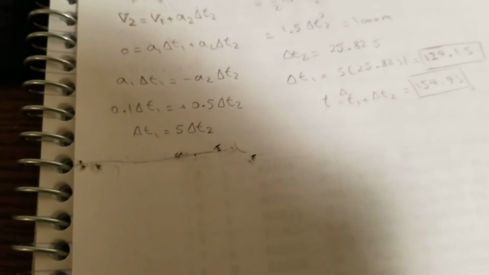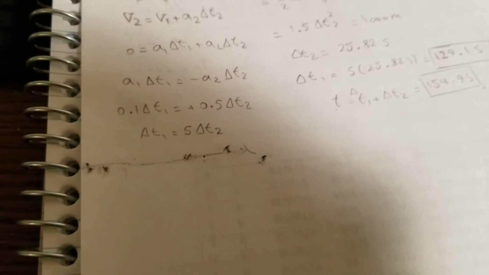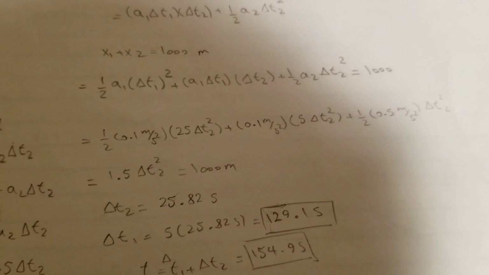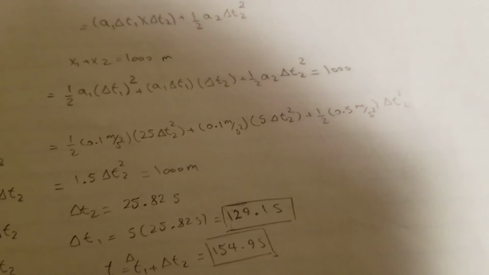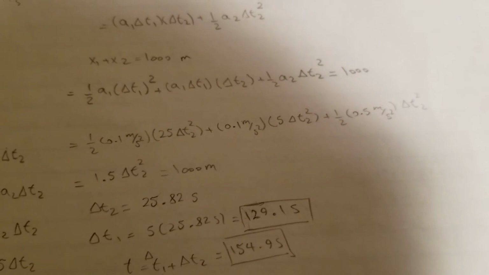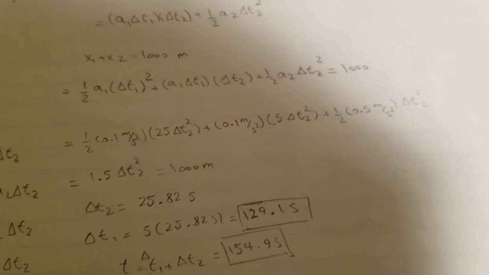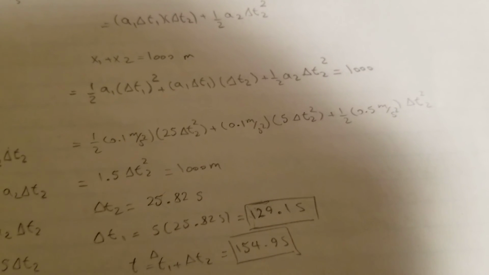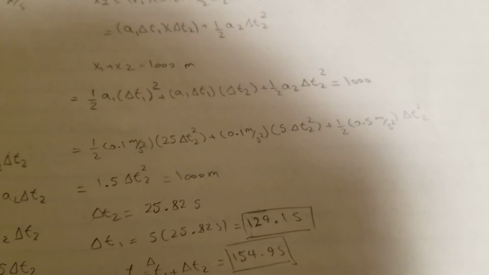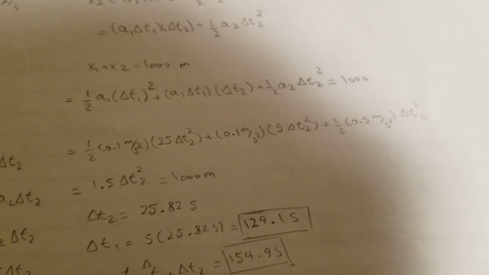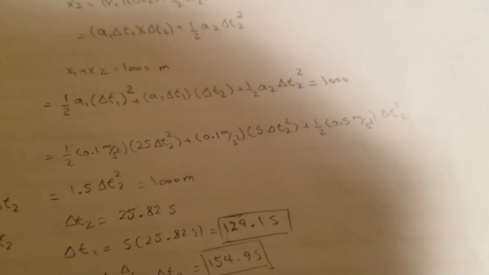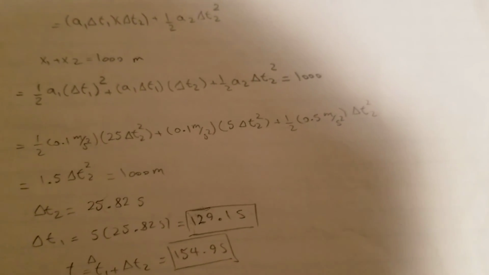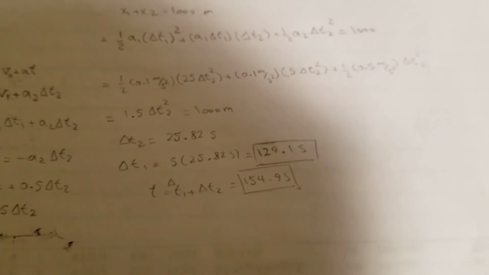Now, if we substitute 5 delta t2 for delta t1 in our equation, we get 1/2 of 0.1 meters per second squared times 25 delta t2 squared plus 0.1 meters per second squared times 5 delta t2 squared plus 1/2 of 0.5 meters per second squared times delta t2 squared is equal to 1000 meters.